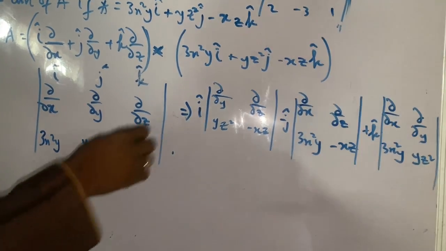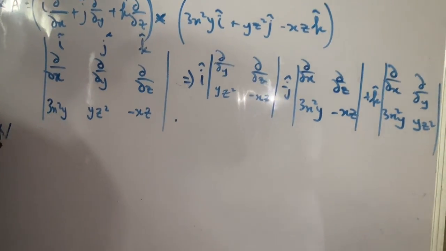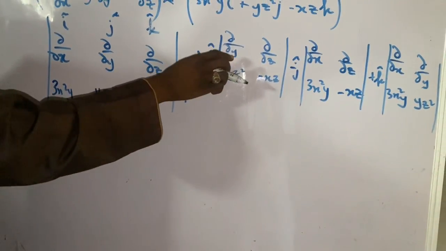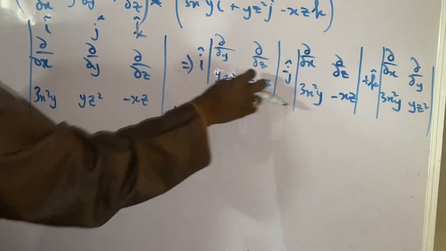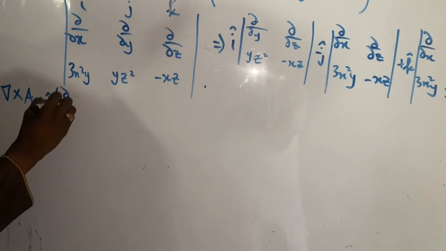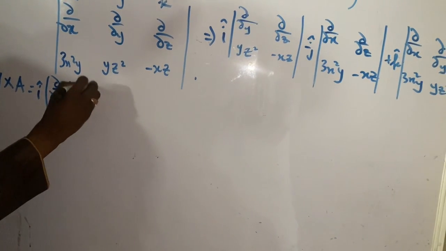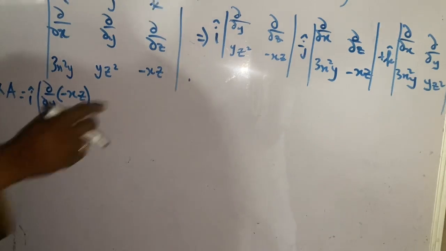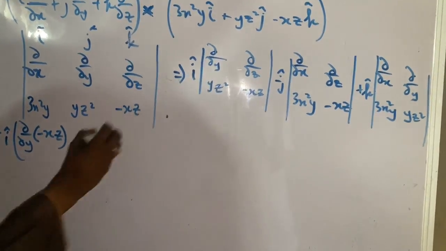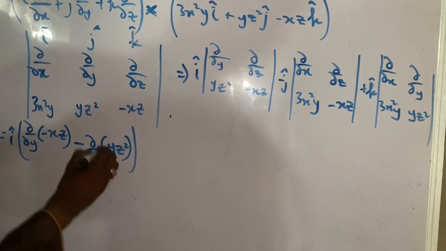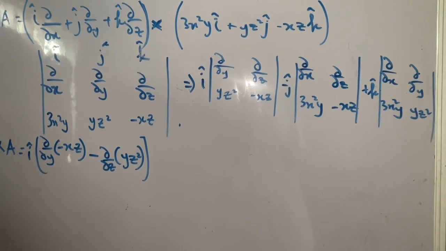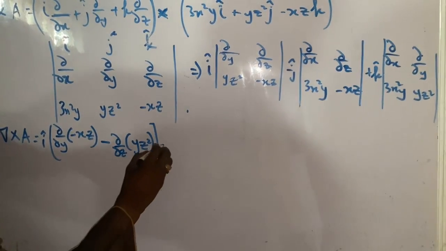Now we want to do this here. Del cross A is equal to i times the determinant of this. To get the determinant, we're multiplying this by this, minus multiplying this by this. That is del y multiplied by minus xz, minus del z multiplied by yz squared. I don't know why my intuition is telling me you can encounter stuff like this in the exam. Just try to make sure you understand it very well. If you have any issues, let me know, please. Minus j.